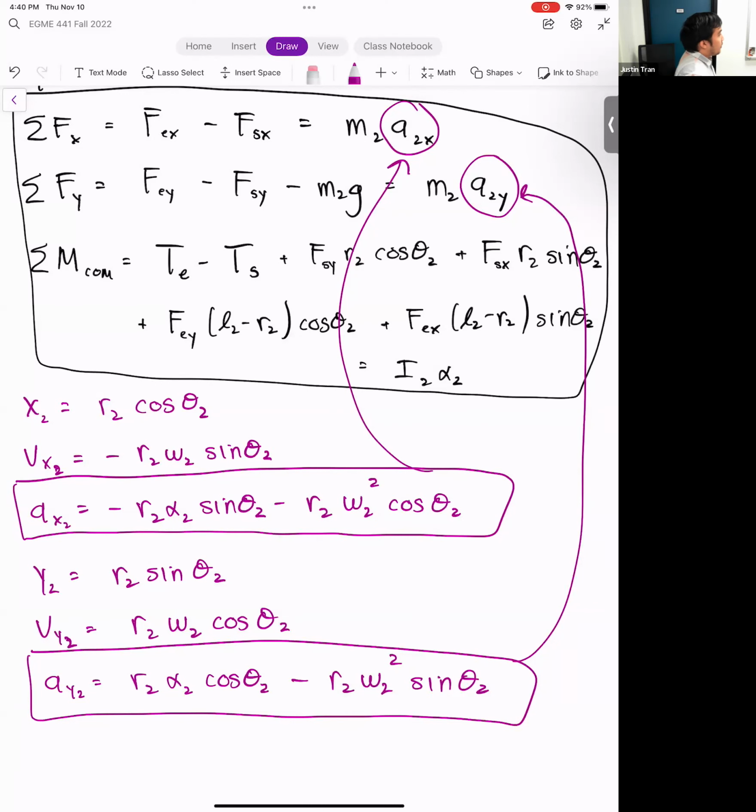Again, these are fairly gnarly expressions, but if you plug everything into MATLAB or a computer or a calculator, then you can compute this. Any questions on how we got these equations here?